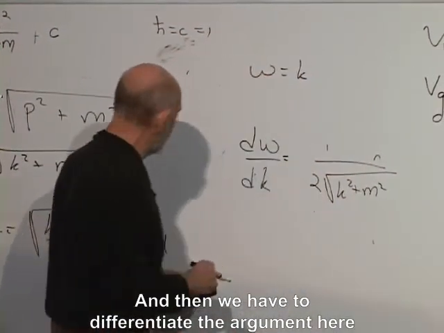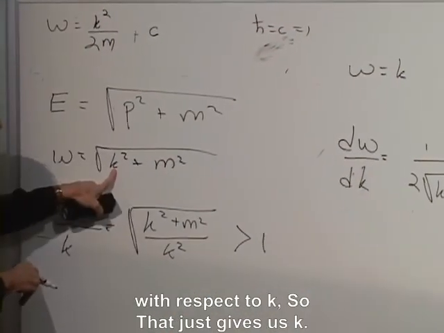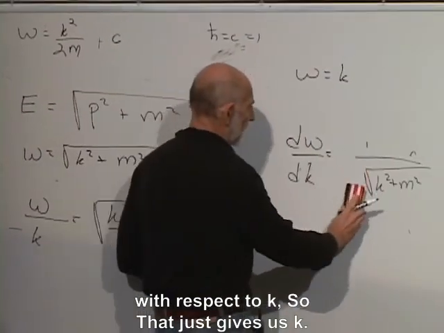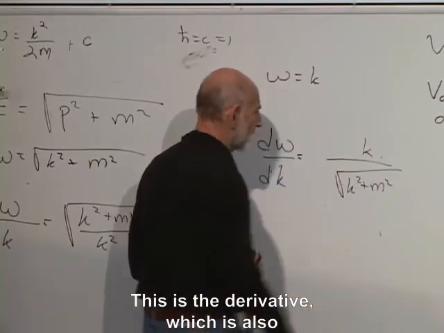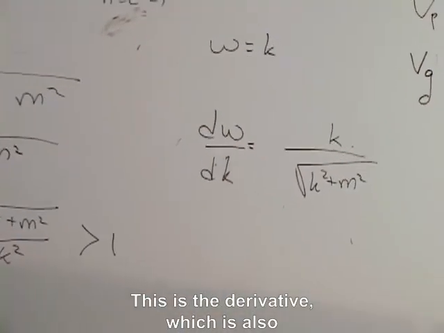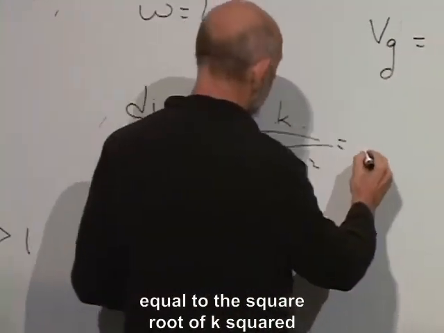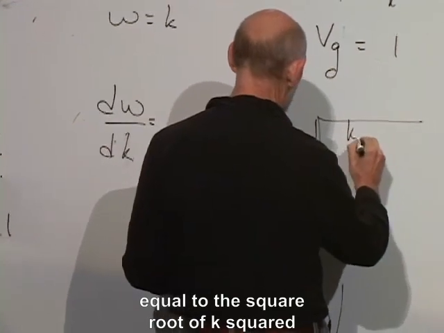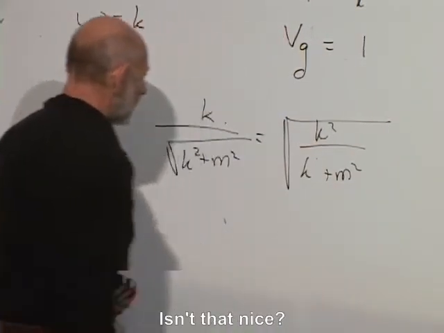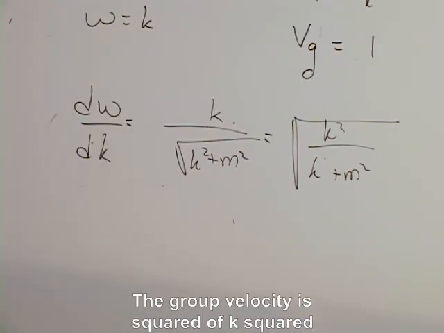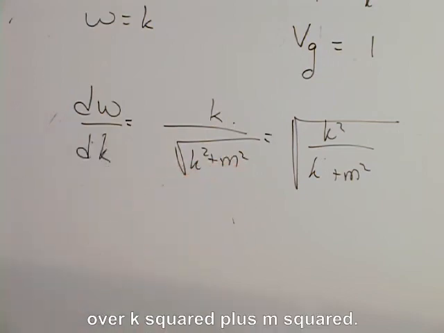And then we have to differentiate the argument here with respect to k, so that just gives us k. It gives us k over this. This is the derivative, which is also equal to square root of k squared over k squared plus m squared. Isn't that nice? The group velocity is square root of k squared over k squared plus m squared.